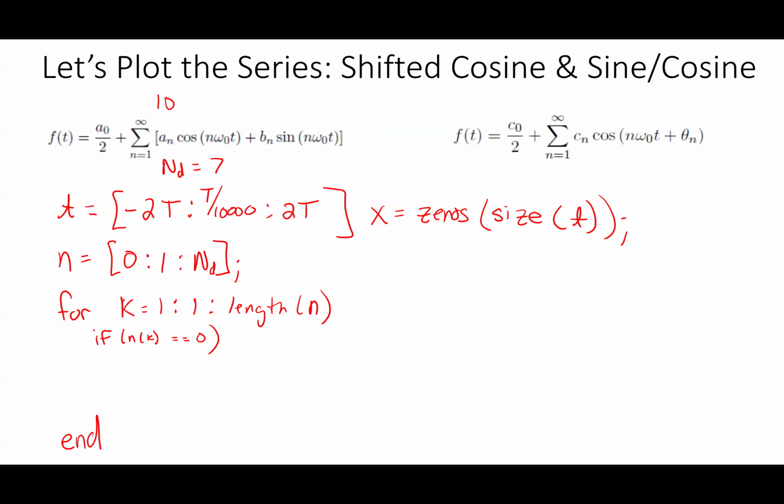What I'm saying is X is the summation of, so every time I run through this, I add in another harmonic. So the first time I go through it, I want X to be equal to whatever it currently is, a bunch of zeros, plus whatever that constant is supposed to be.